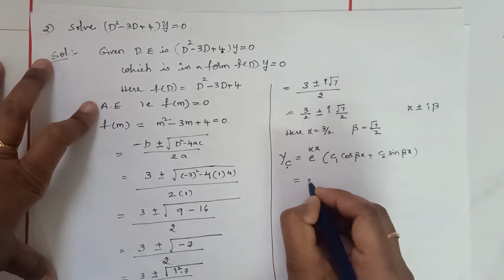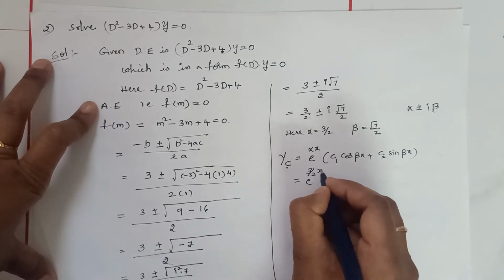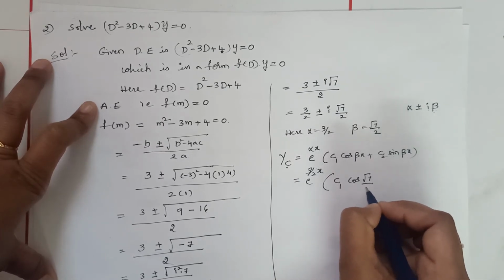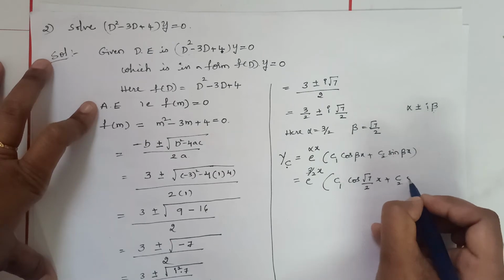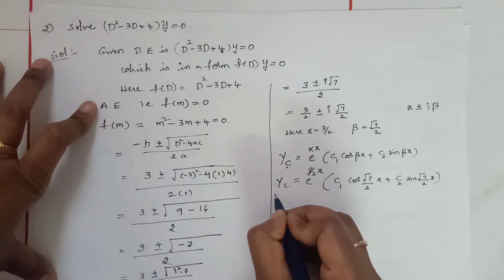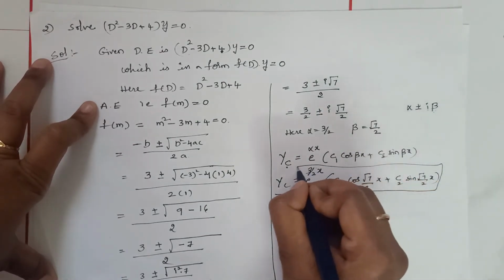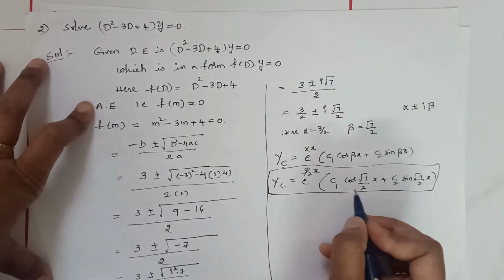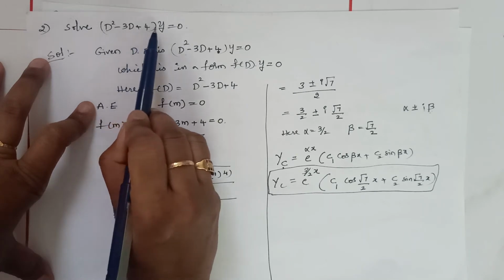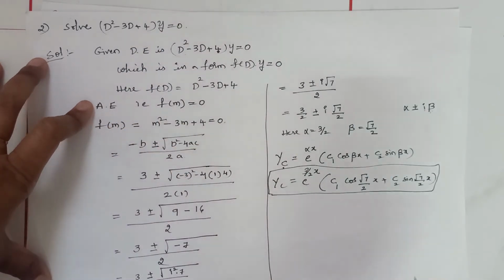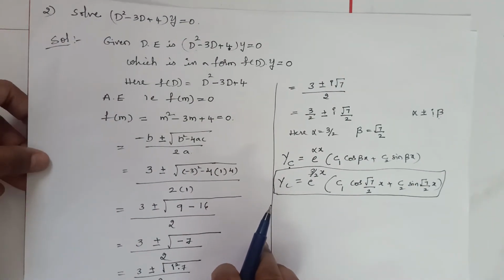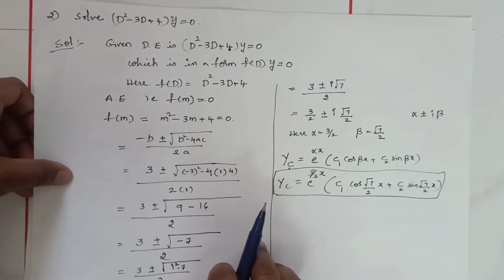Remember this formula. Here alpha is 3 by 2, so e power 3 by 2 x into c1 cos root 7 by 2 x plus c2 sin root 7 by 2 x. This is the solution of the given differential equation d square minus 3d plus 4 into y is equal to 0.